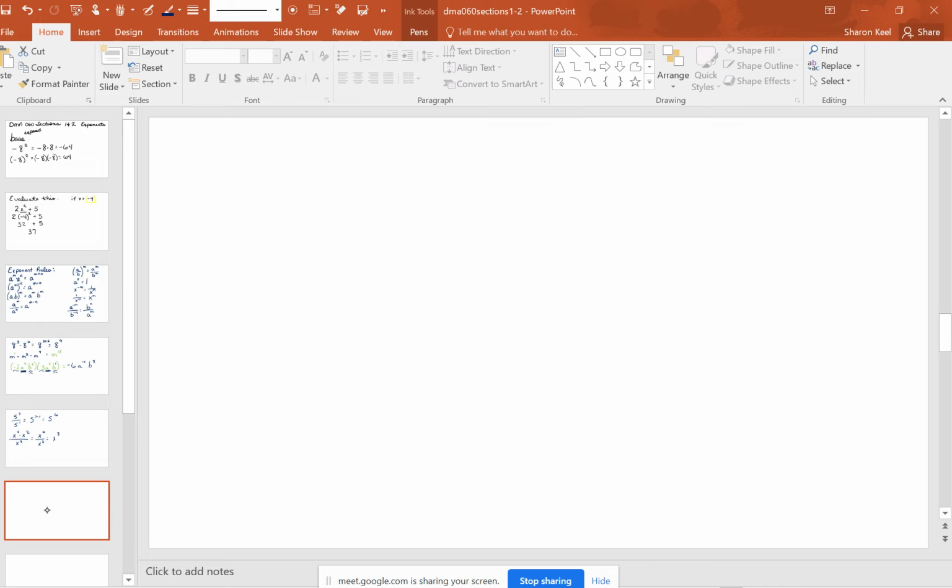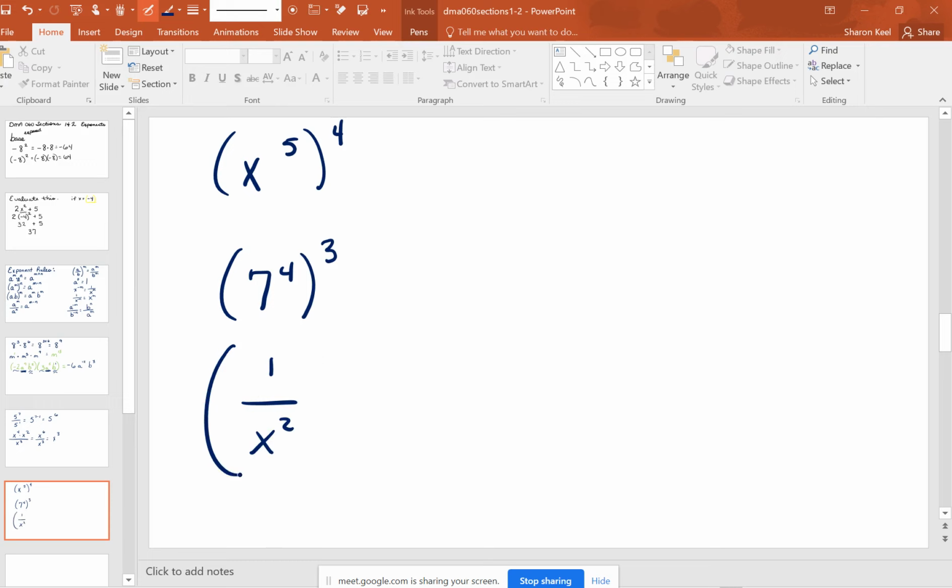When we have a power to a power, so here we're going to have x to the 5th to the 4th, 7 to the 4th to the 3rd, and 1 over x squared, all of this to the 5th, okay? So power to a power, we multiply. 5 times 4 gives us x to the 20th.